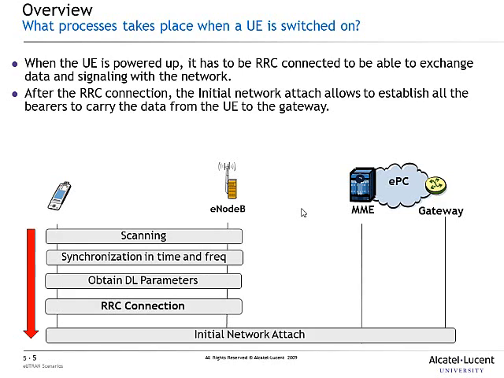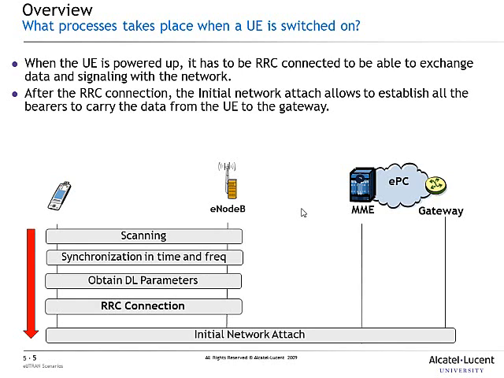And once it has obtained all that information, it can initiate an RRC connection. Okay, and an RRC connection enables it to get a signaling bearer, and once it obtains a signaling bearer, it can do a network attach. And when it does a network attach, it connects to the gateway.